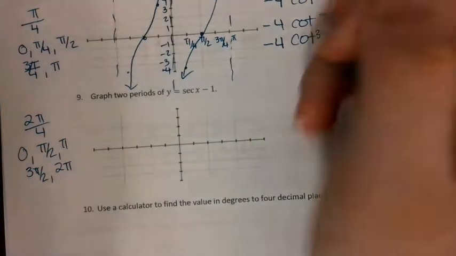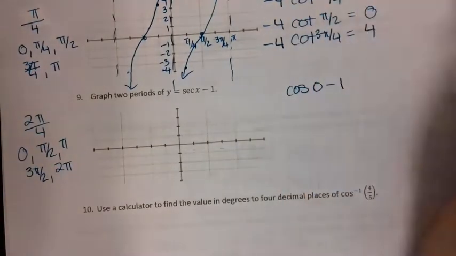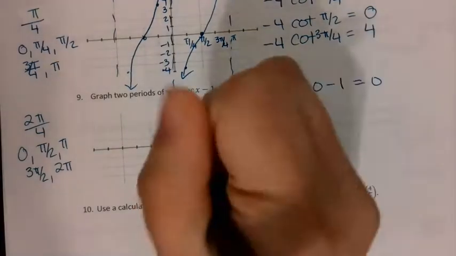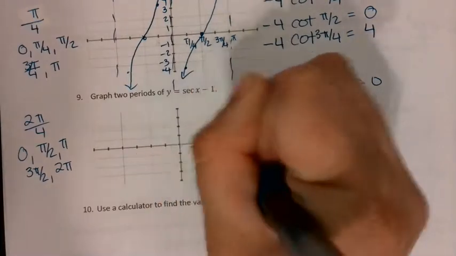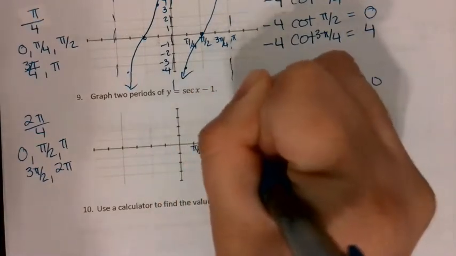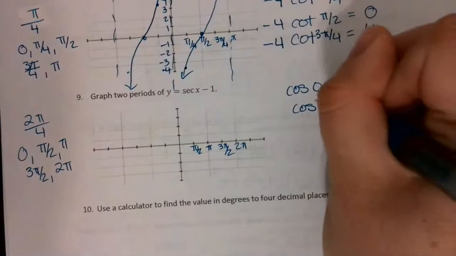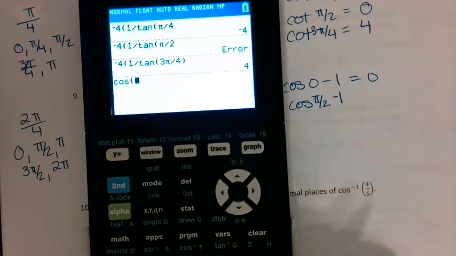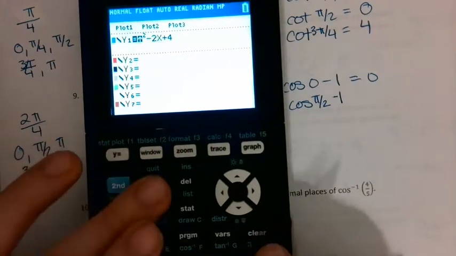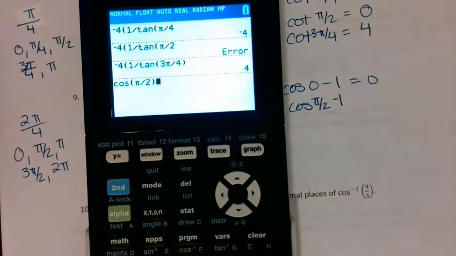Okay, so then I'm going to graph my cosine. I have cosine of 0 minus 1, which is going to be 0. Then pi halves, pi, 3 pi halves, 2 pi. I'm going to have cosine pi halves minus 1. That one I don't know off the top of my head. If I'm typing in the calculator, I'm going to remember to close after my angle and then do the -1.